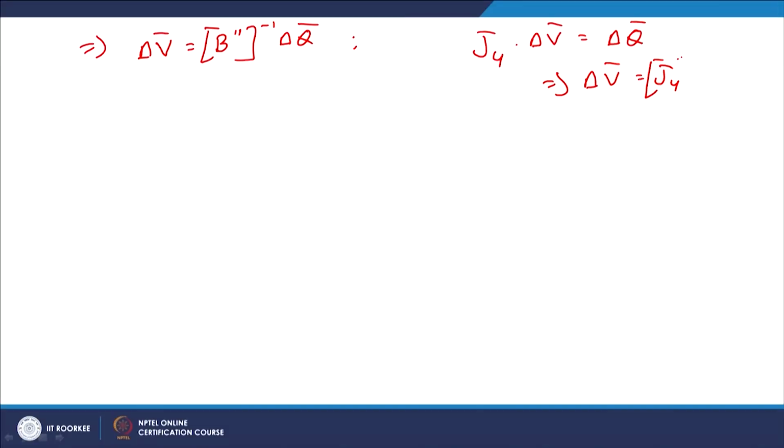Please note that in the original decoupled form, J4 into delta V is equal to delta Q, and here delta V would have been J4 inverse delta Q. Now, because this matrix J4 has to be recalculated at each and every iteration, this matrix J4 will not be a constant, it will actually change from iteration to iteration. So, we have to take the inverse of this matrix J4 at each and every iteration, and as we know, this inversion process of a matrix is always a very time consuming process.